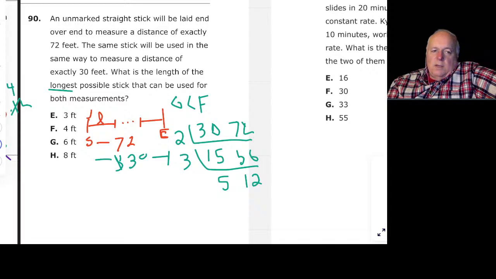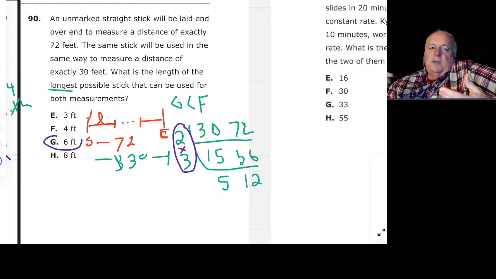Okay, what I'm going to do is look at the ones on the left-hand side only, which is the 2 and the 3, and I'm going to multiply them. Once I do that, I get 6. So that would be G. And think it through.